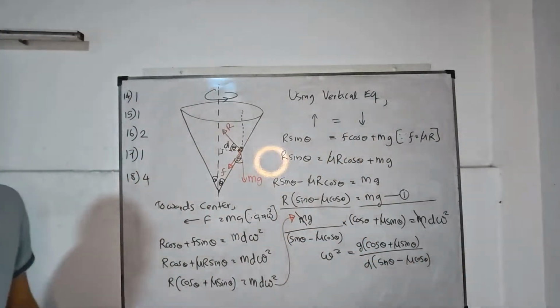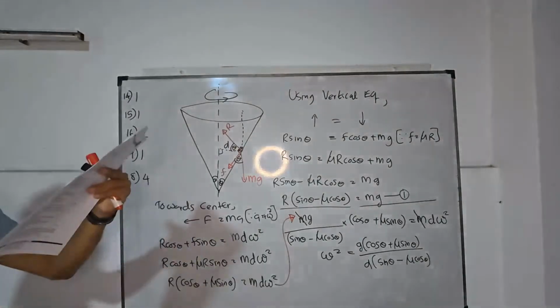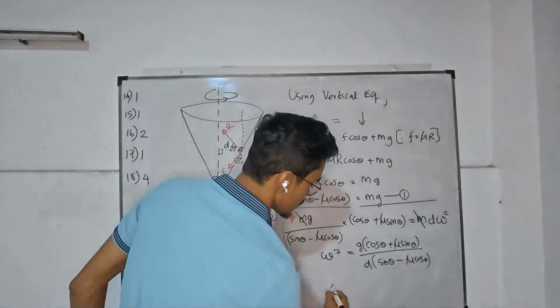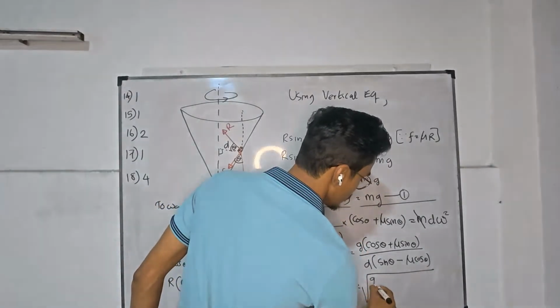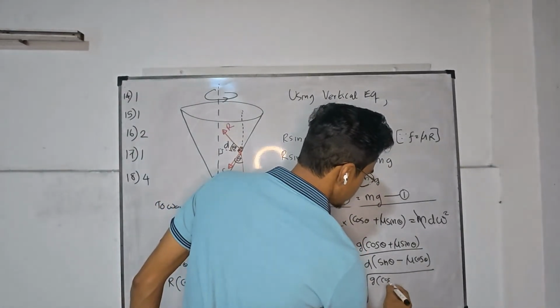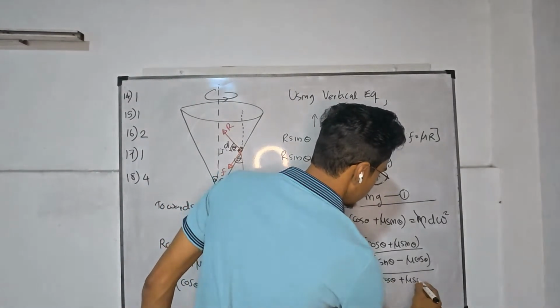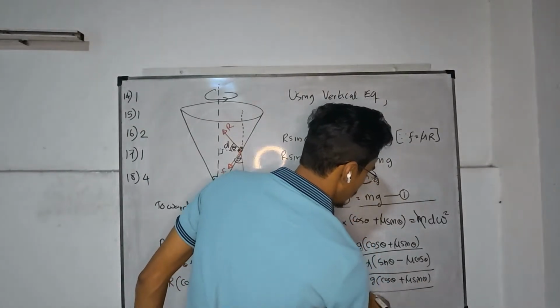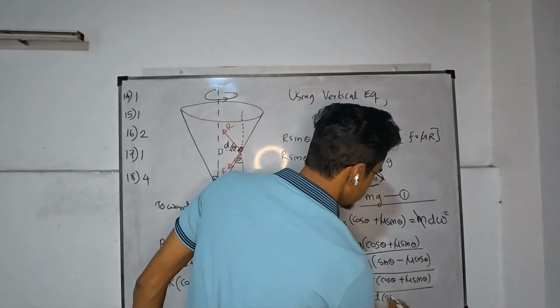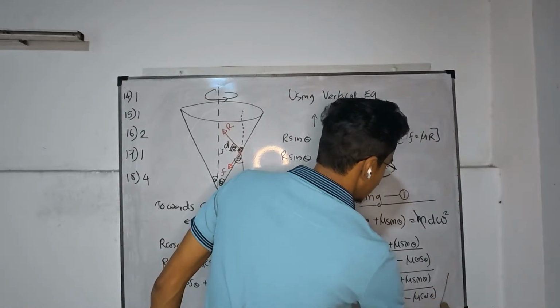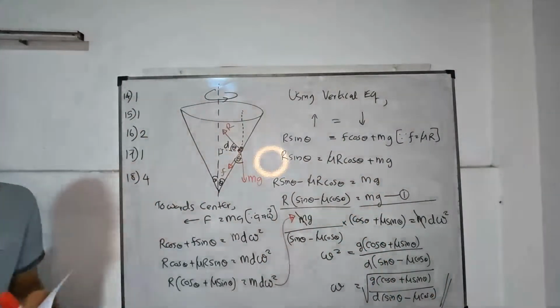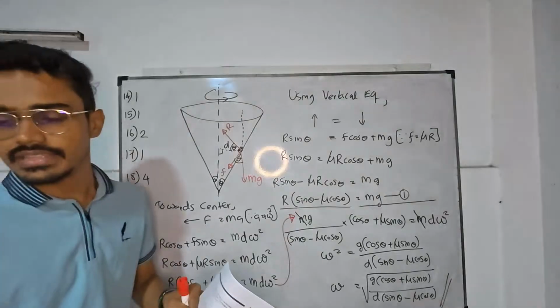This is omega squared. We need omega, so take the square root. So omega is the square root of g times (cos theta plus mu sin theta) over d times (sin theta minus mu cos theta). Final answer.